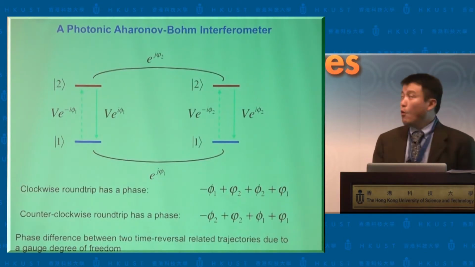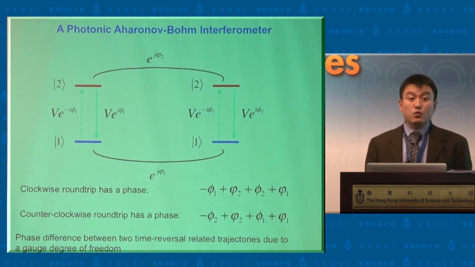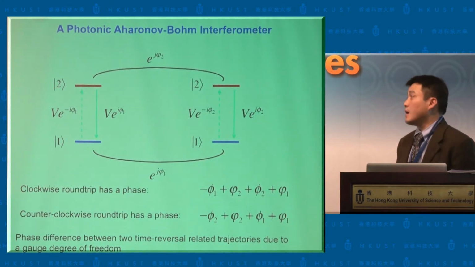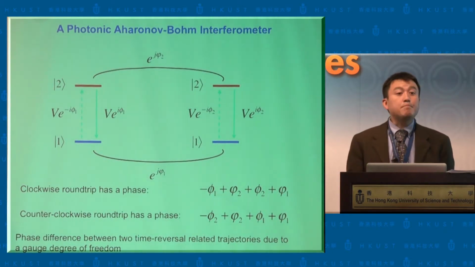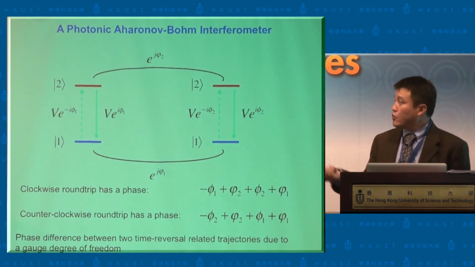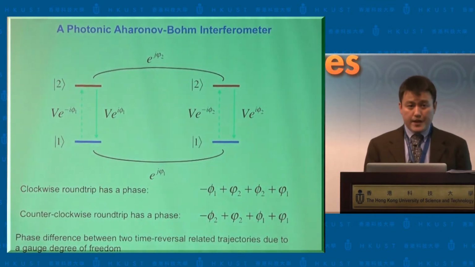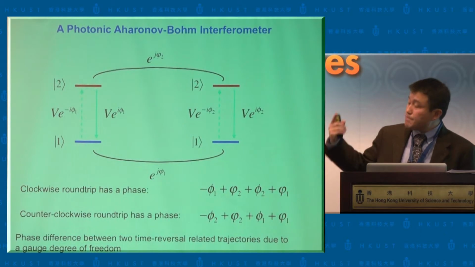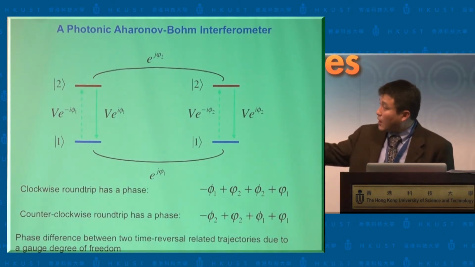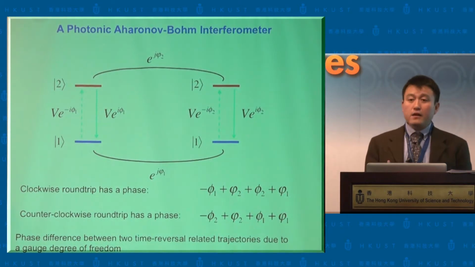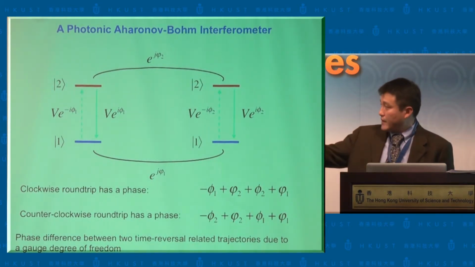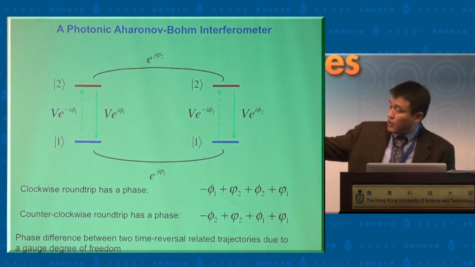But what you can do, if you need to see a gauge degree of freedom, is to construct an interferometer. So imagine that you have two sections of waveguide, and both of them you modulate, but now you modulate each individual section with different phase. Then imagine that a photon goes through a clockwise pathway: start with state 1, it goes up here, propagates, and then goes down here and goes back. Now you compare that with this time reversal pathway, where a photon starts here, propagates this way, goes up here, propagates, and goes down.